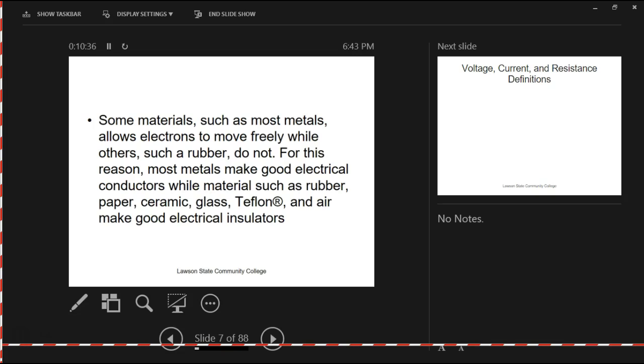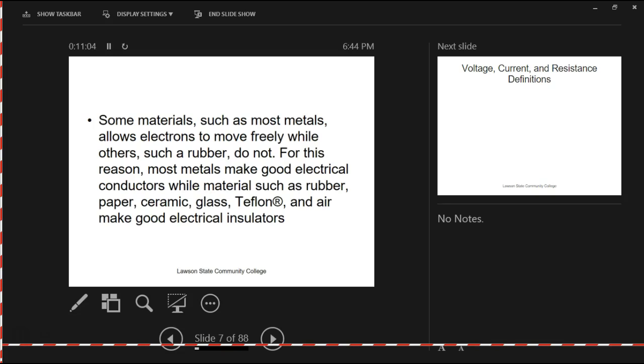And as soon as they jump, the atom, not the electron, becomes positive, and it looks for another electron. So all these voltage sources, all these batteries, are doing is pushing the electrons that are already there. They're just causing them to move. It's just like a pump. A pump doesn't make water. What does a pump do? Pushes the water that's already there. So all we're doing is just pushing electrons.